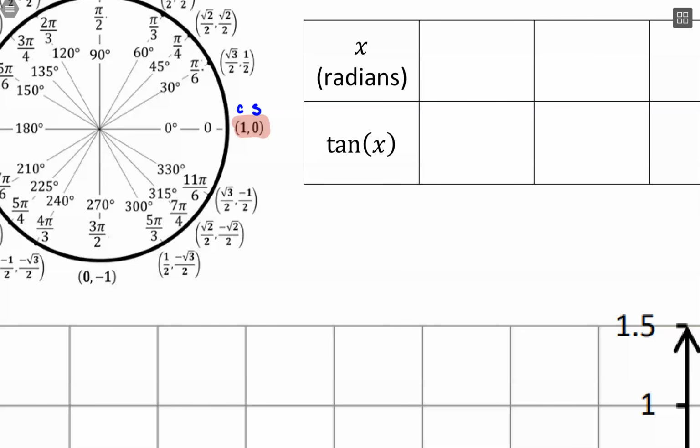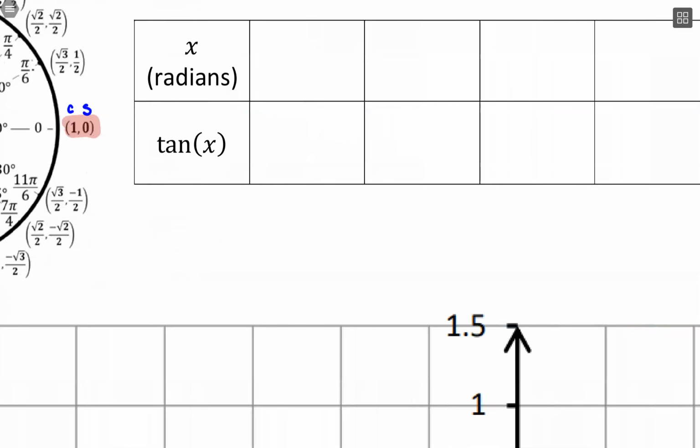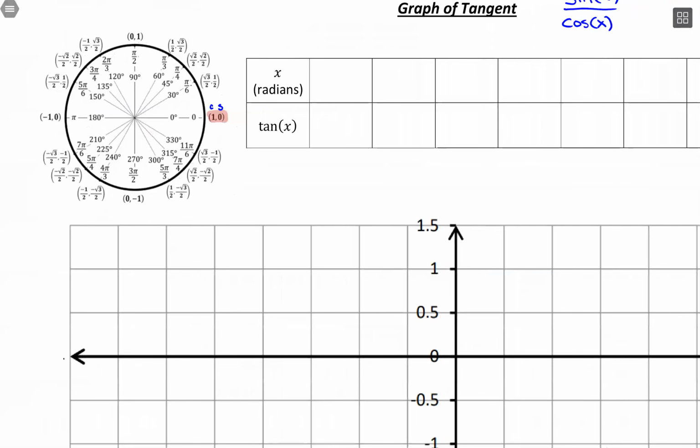All right, so let's get some numbers here for what we want to do for x. Now with the setup here, you'll notice that I want to see equally the negative side and positive side. So let's go ahead and start at negative pi, and then I'm going to jump by units of pi over 4.